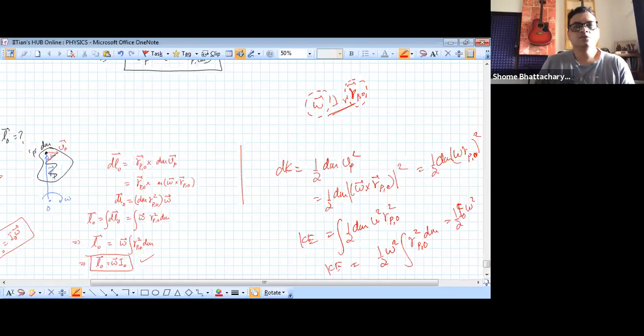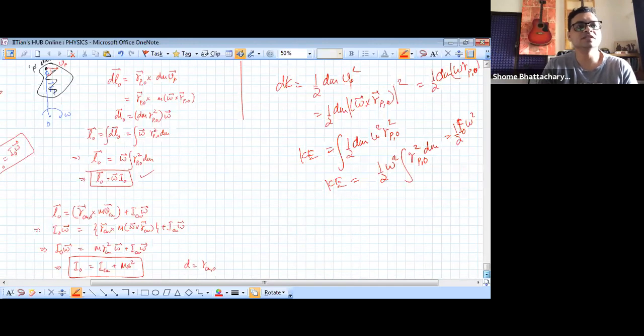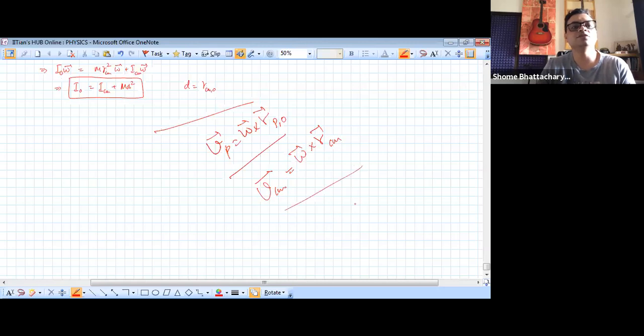So in context of how we apply this in problems, you can see that we are making use of all the three tools in various different types of problems. In the problem we just did, we made use of the fact that the velocity of any point is omega cross r with respect to that axis. Velocity of center of mass is omega cross r with respect to center of mass, and we made use of kinetic energy.